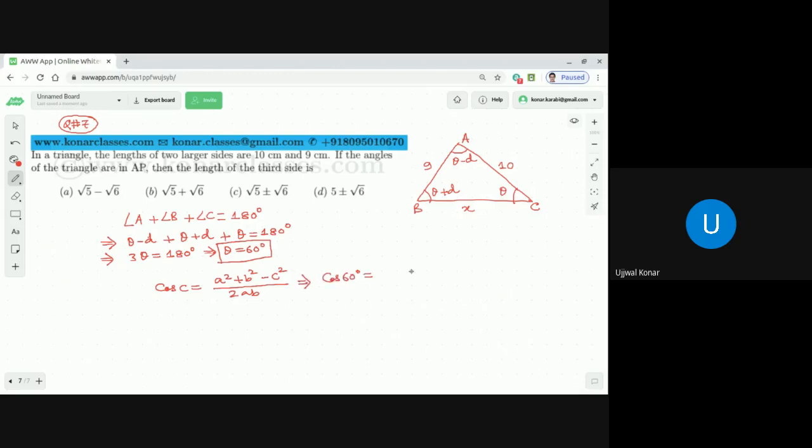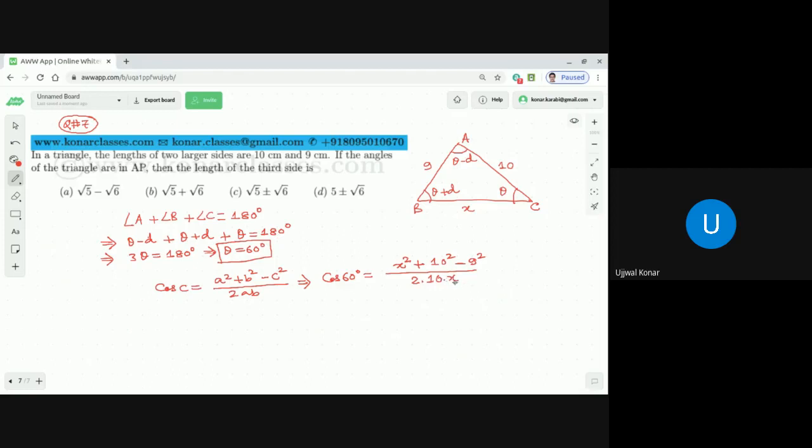Cos 60 degrees is equal to what? A square is nothing but x square, plus b square. What is b square? b square is 10 square. Correct, no, dear students? And minus c square, minus 9 square, divided by 2 into 10 into x, 2ab.